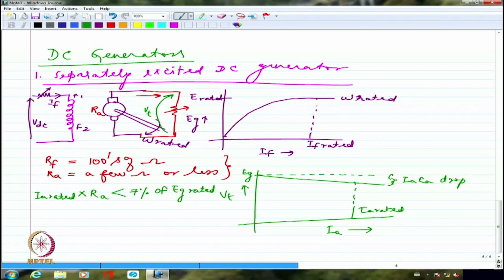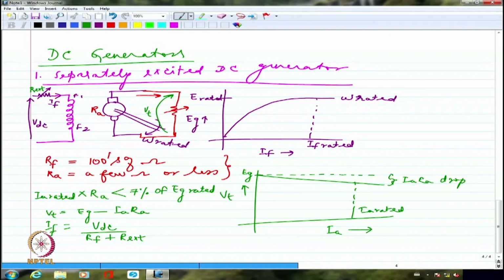So I should be able to write some of the electrical equations, based on whatever characteristics I have drawn. I can say VT is equal to EG minus IA RA, right? And I should be able to write also that IF is equal to VDC divided by RF plus maybe R external, if I may call this as R external. What I have connected as the external resistance, I am calling that as R external.